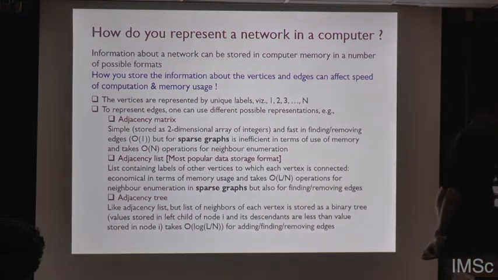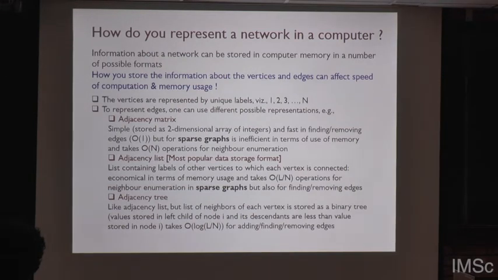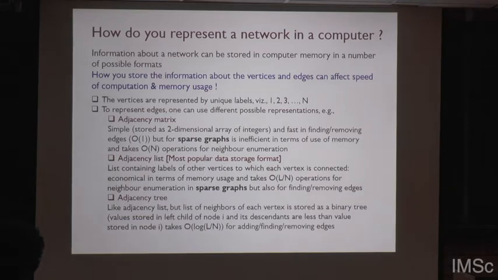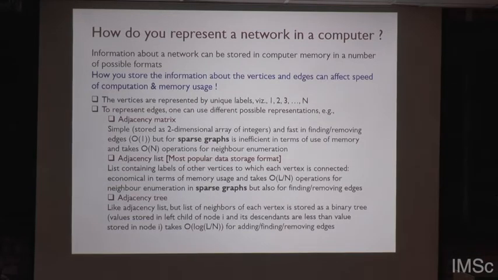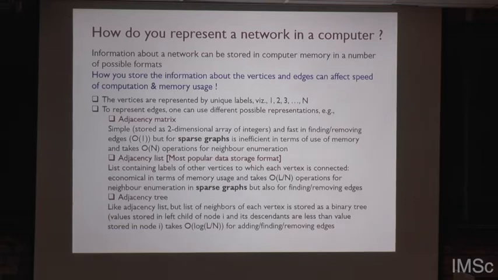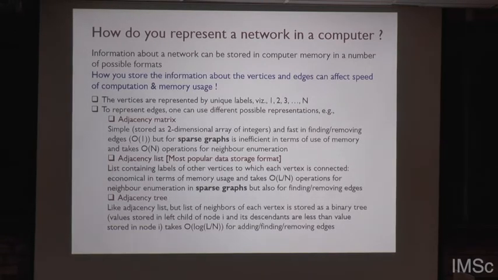I have mentioned that when we are dealing with a network theoretically, we always represent it as an adjacency matrix. However, for the applications you may be interested in, an adjacency matrix may not be the optimal representation of the network in terms of usage of computer memory, especially if it's a sparse network.